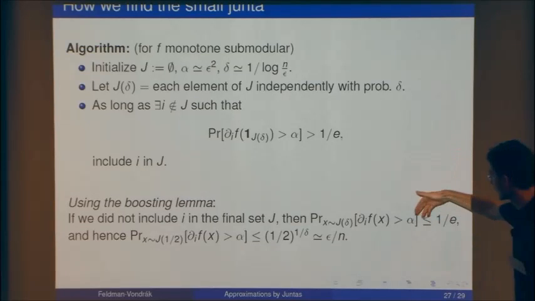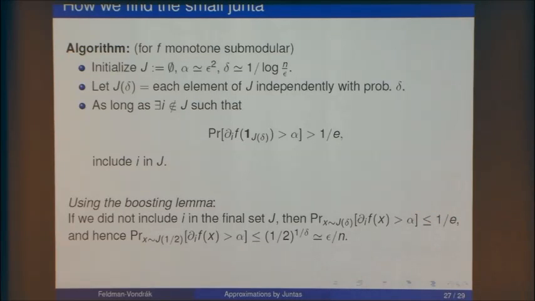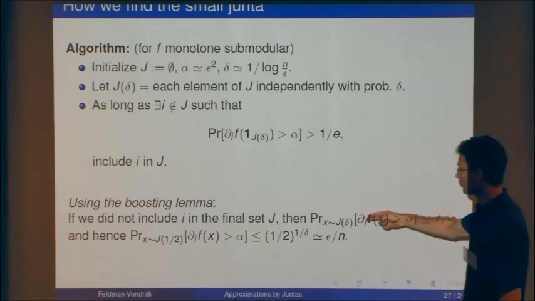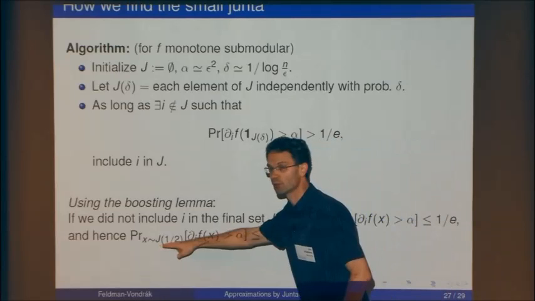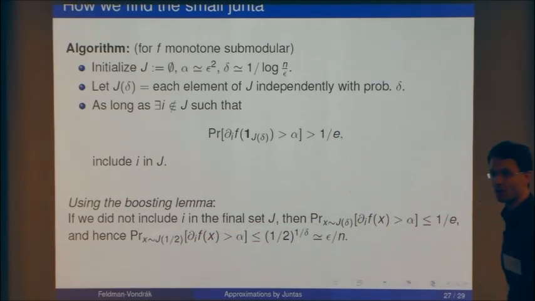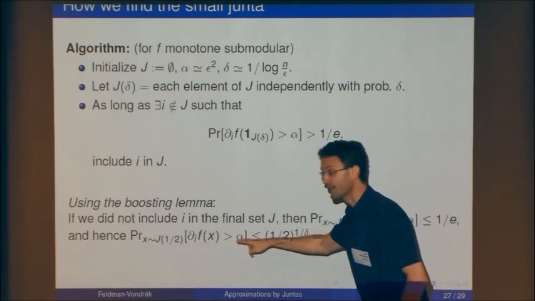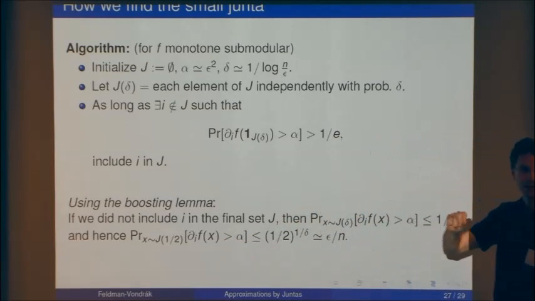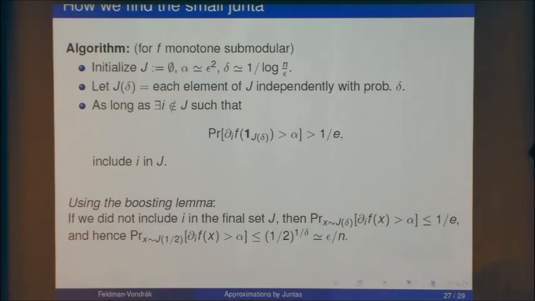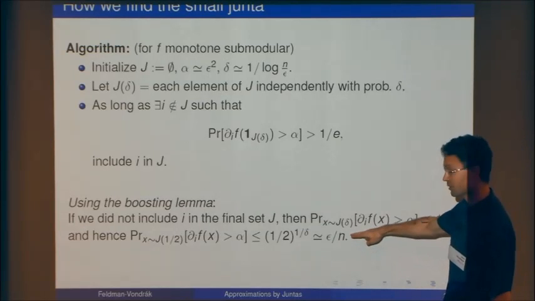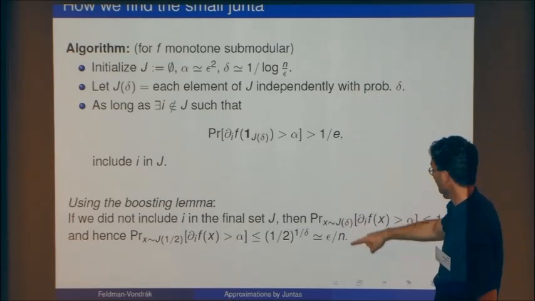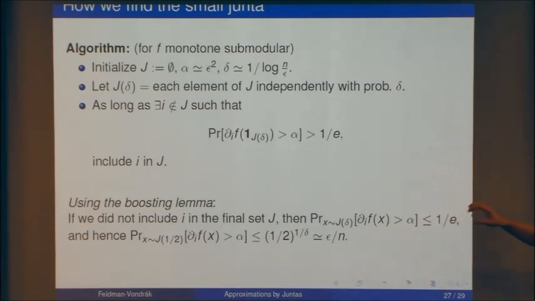So we get a down-closed event here, and what I really care about is the probability over a uniform distribution, because that's my target. So over the uniform distribution, the probabilities of these events for any coordinate that I did not pick to be in the junta will actually be very small. The parameters are chosen so that this becomes epsilon over n.